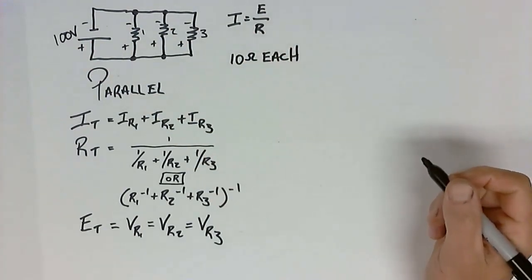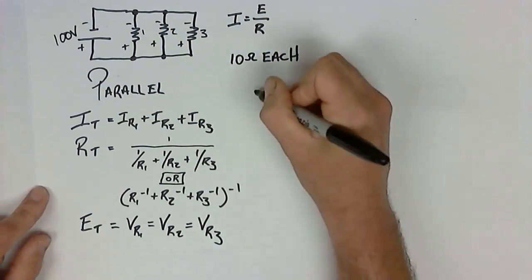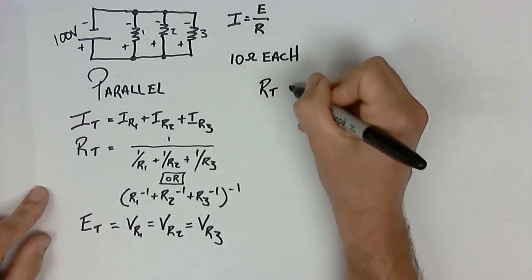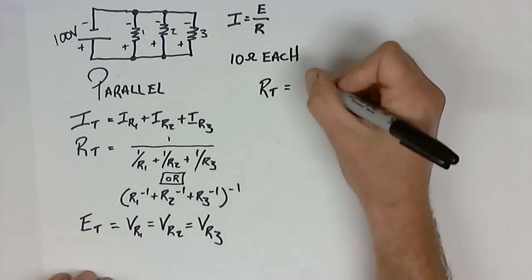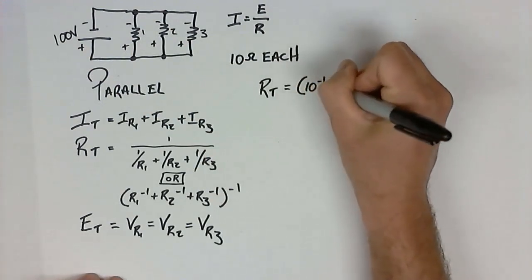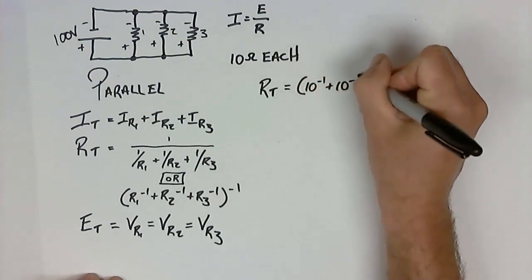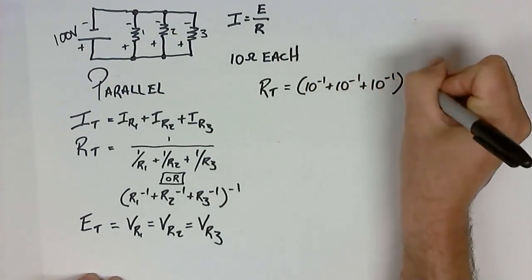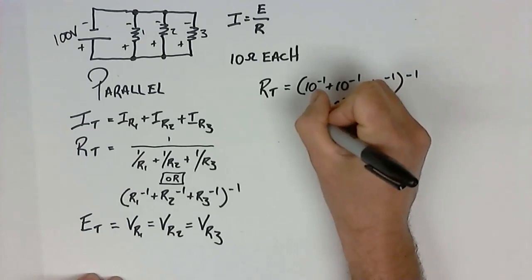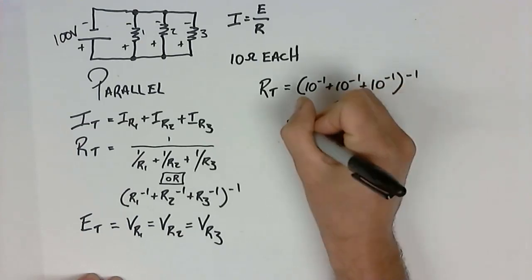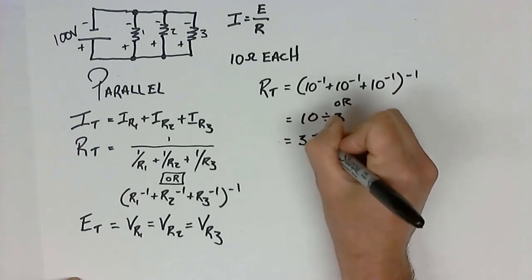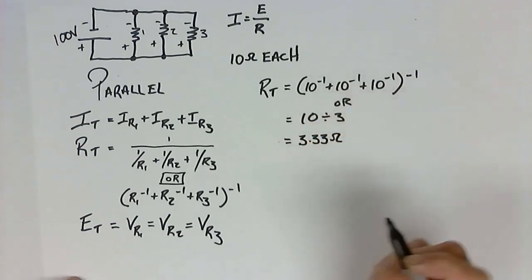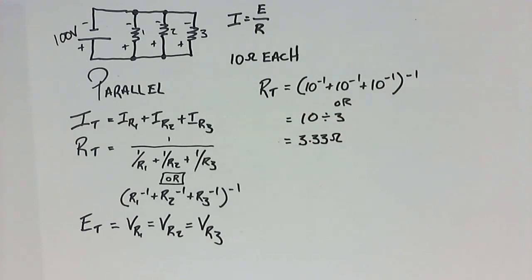What I want to work out first is what is the R total. R total is going to be equal to, well, there's 10 ohms each, so we can either do this, 10 to the negative 1 plus 10 to the negative 1 plus 10 to the negative 1, bracket, to the negative 1, or we can do 10 divided by 3. When we do our 10 divided by 3, we end up with a small value of resistance of 3.33 ohms.